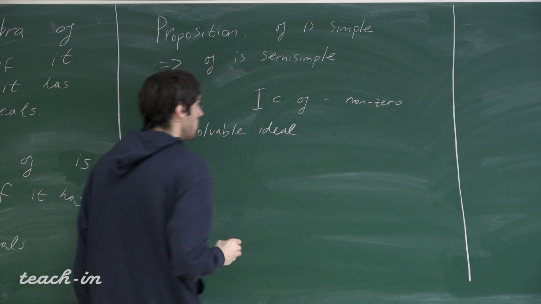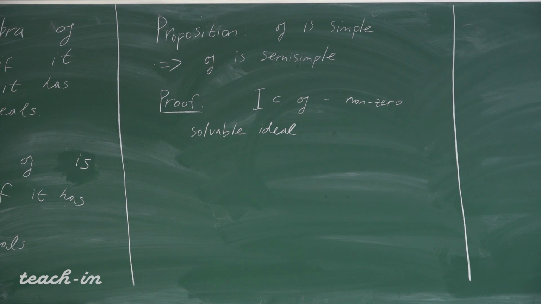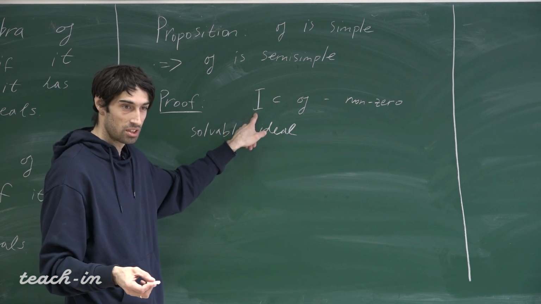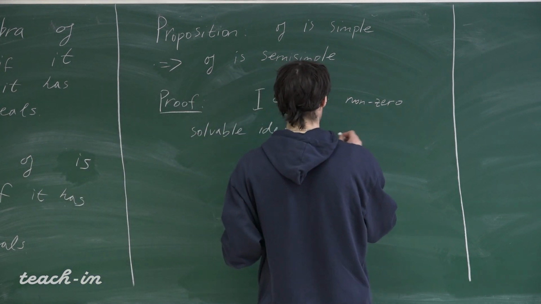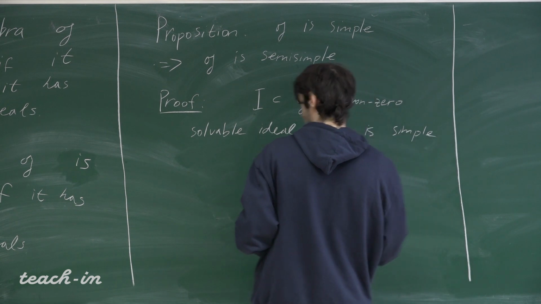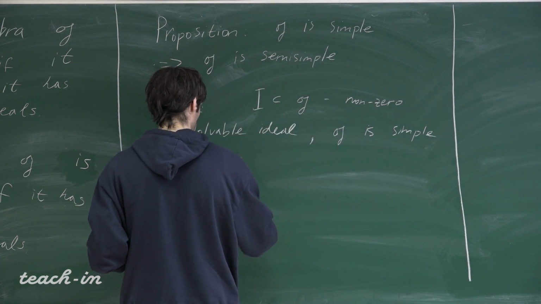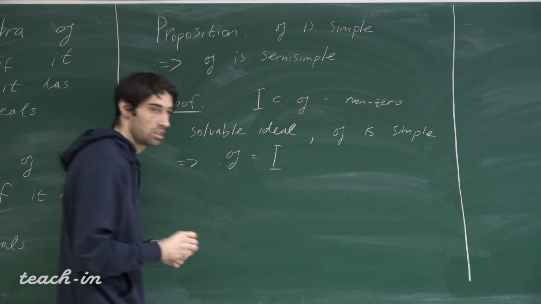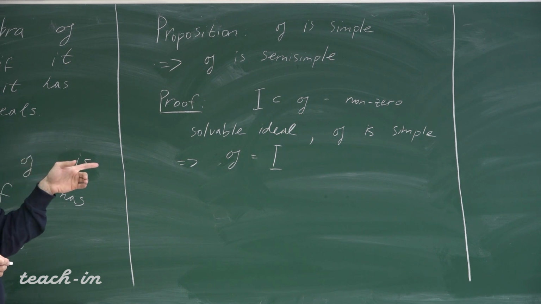Then, well, it cannot be proper, right? Because G is simple. So therefore, the only way for such an ideal to exist should be the whole G, right? So I coincides with G, and therefore G is solvable, right?